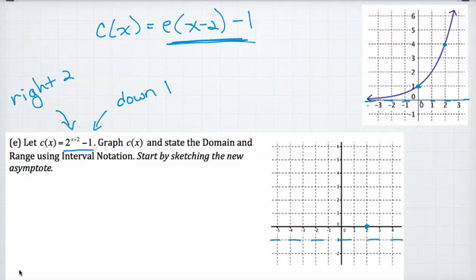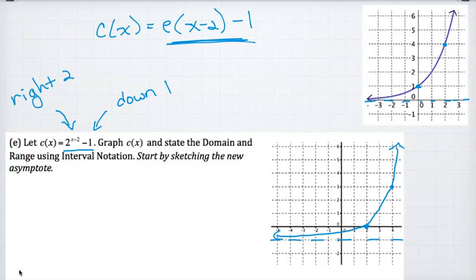I'm going to move that down 1 and to the right 2. So 2, 4, I'm going to go down 1 to the right 2, and I end up there at 4, 3. So now I have this schwump. It's going to hug my new asymptote, come up through that first point, through that second point, and then rise pretty quickly. It's an exponential function.